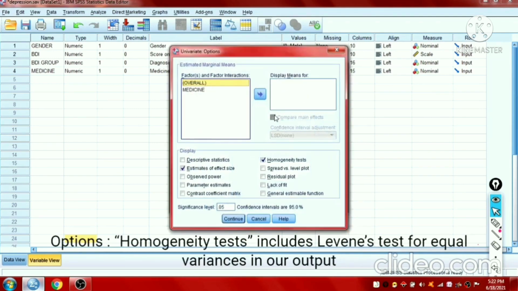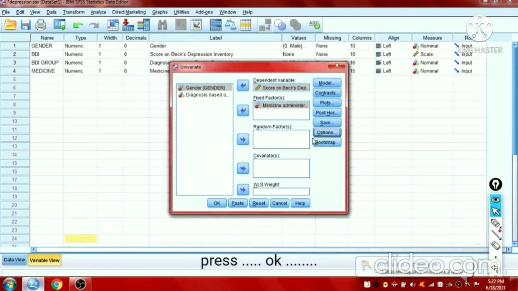Then options, homogeneity test, which includes Levene's test for equal variances in our output. Press OK.